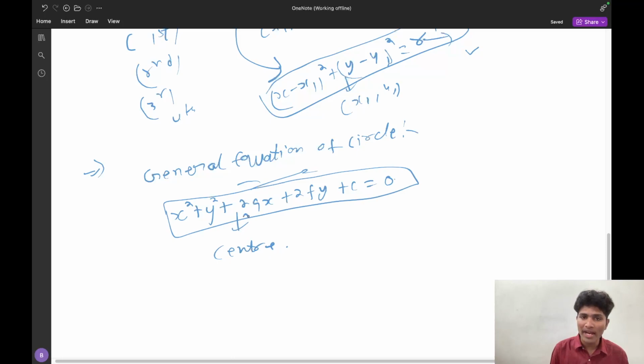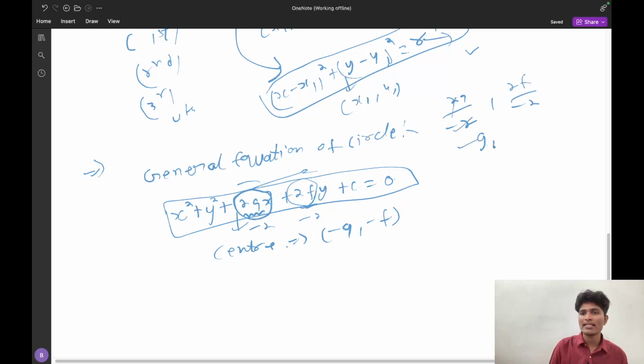I have to divide the x coefficient by −2 and the y coefficient by −2. If I divide 2g by −2 and 2f by −2, I get (−g, −f), and this is the center.